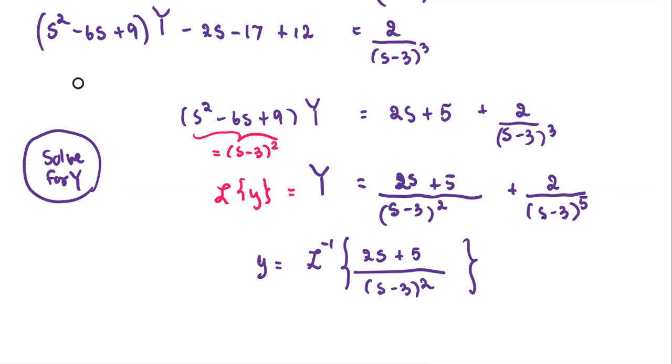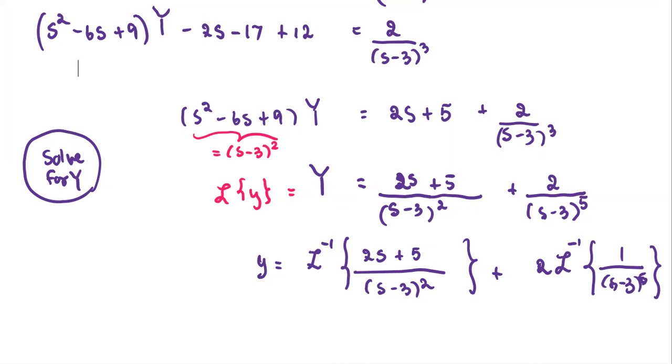That's the first one. And then plus, as a coefficient, I'm going to take the coefficient out as 2, the inverse Laplace of 1 divided by s minus 3 to the power 5. Okay.